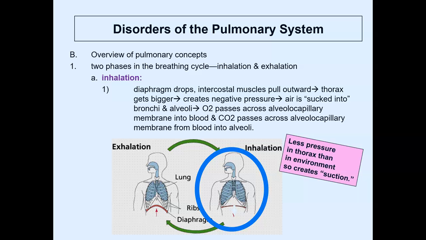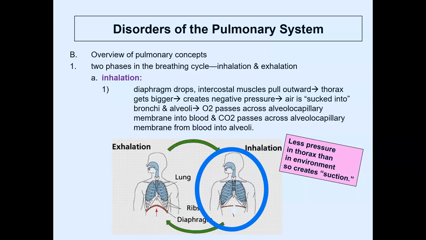We know that there are two parts to the process of breathing, and that's number one, the inhalation. When we perform inhalation, the diaphragm will drop down and the rib cage will move up and out. It is that process of making the thorax bigger, or the intrathoracic space bigger, that causes a further decline in the negative intrathoracic pressure.